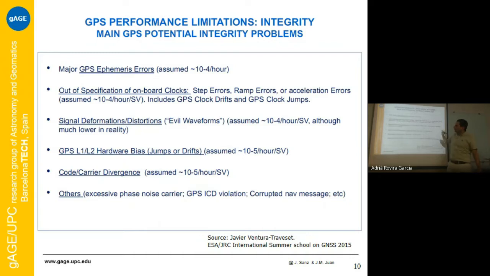We can see problems on the onboard clocks, on the onboard atomic oscillator, or problems on the signal, or on the bias, or the code carrier divergence. There are a lot of studies going on trying to categorize the probability of such failures.